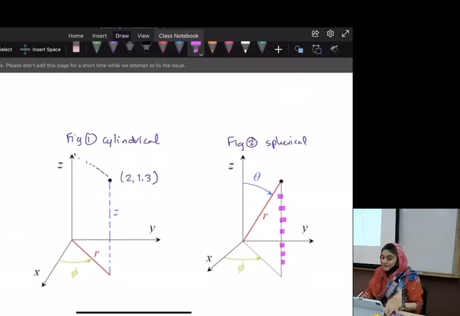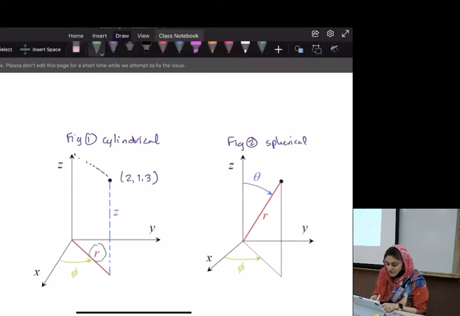So for example, if I look at this projection, this projection, when we were doing it here, was just R, because that's all it was. However, in this case, it is actually dependent on the angle theta, the polar angle. So that projection, pick a color. Pink. Instead, this is going to be R sine theta.